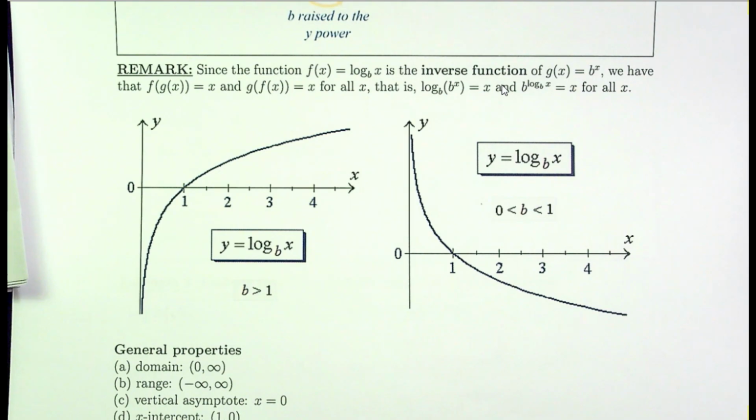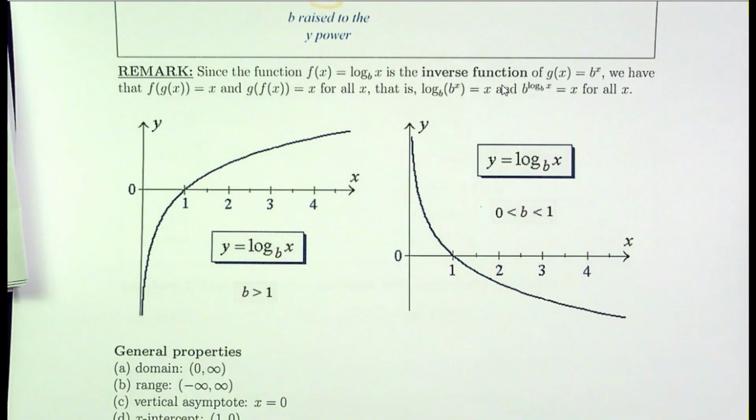And I discussed why the graph of log base b of x looks like that. It was because it is the mirror image of the exponential. Remember that, how do you get to the graph of the inverse function if you already have the graph of the original function?